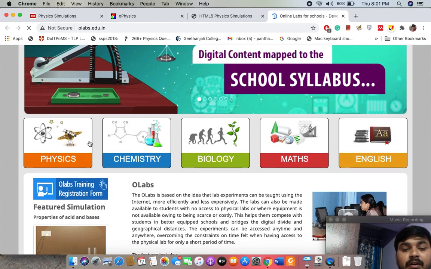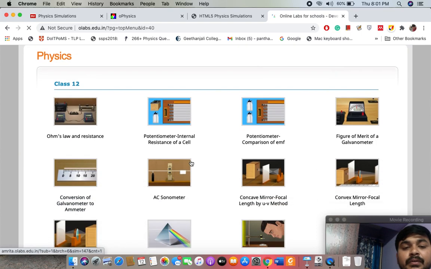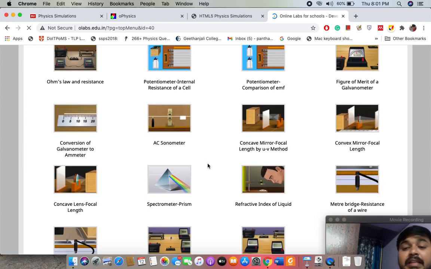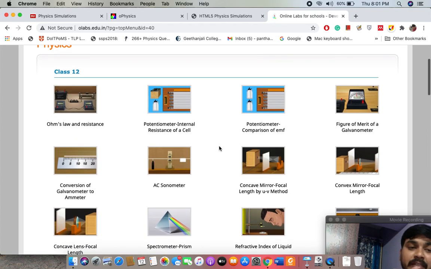See, almost every subject's labs are available. I'll just show you physics labs. Almost all physics lab experiments are available here, and these experiments were designed so that you will feel that you are doing the experiment in the lab.